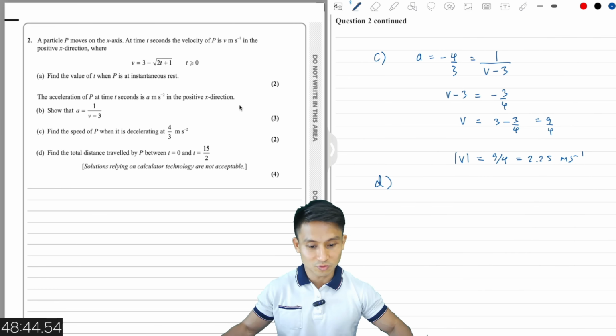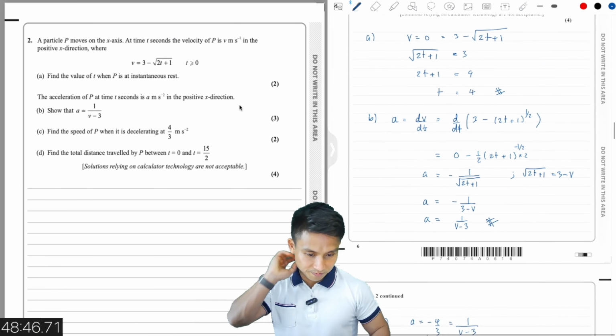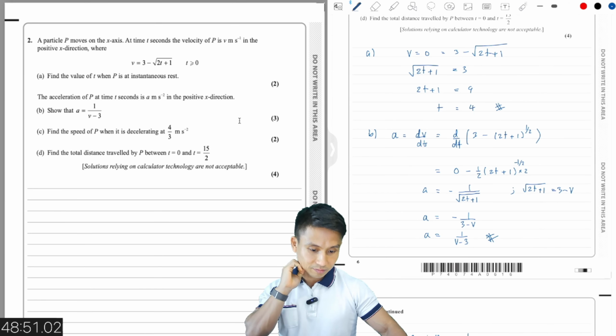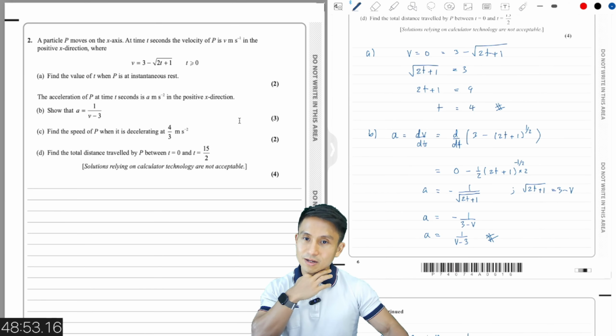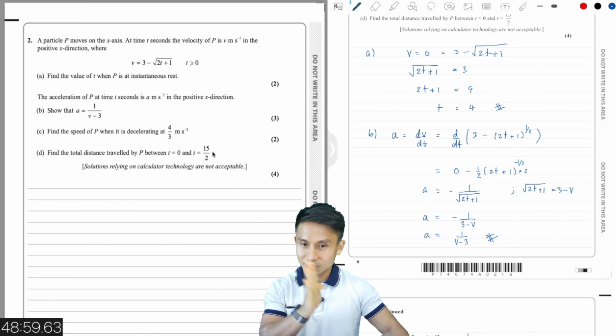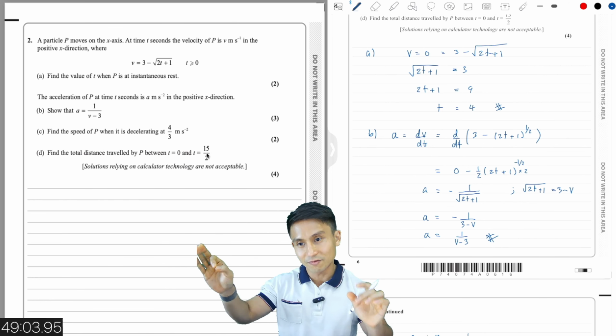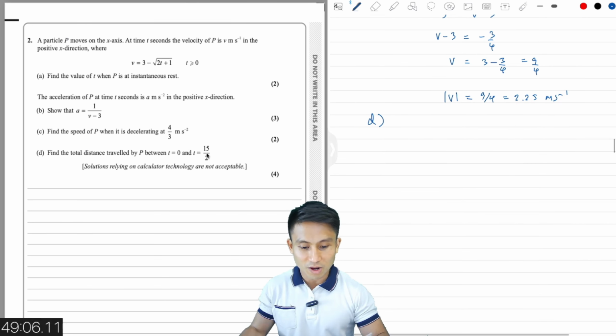Why 15 over 2? Interesting. So 15 over 2 is greater than 4. That means the distance traveled will be a competition between the positive and the negative displacements. The graph might look like this.